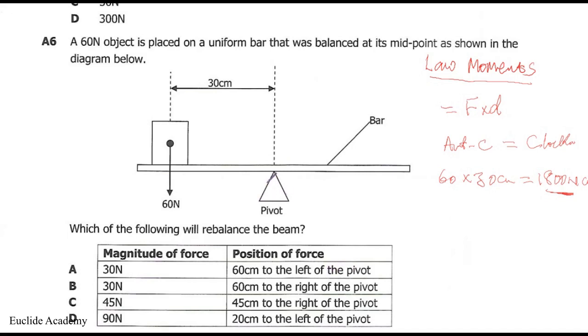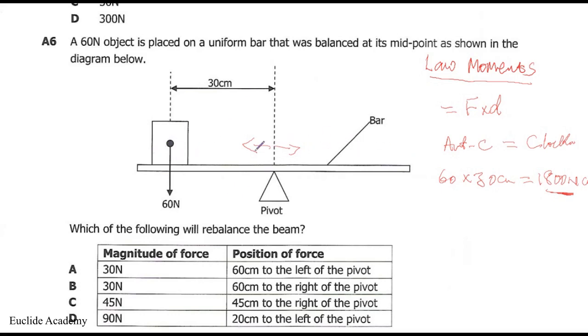The option says magnitude of force 30 newtons, 60 centimeters to the left of the pivot. So now we are talking about left and right here. I assume the left of the pivot is this side, and this is the right of the pivot, because when I'm looking at the paper, my right is this side. So this will be the right of the pivot and this will be the left of the pivot.